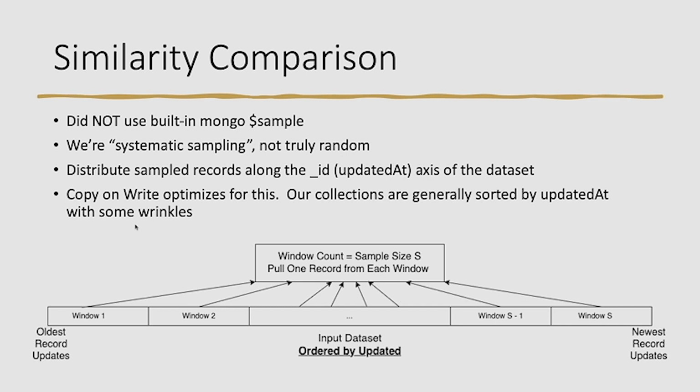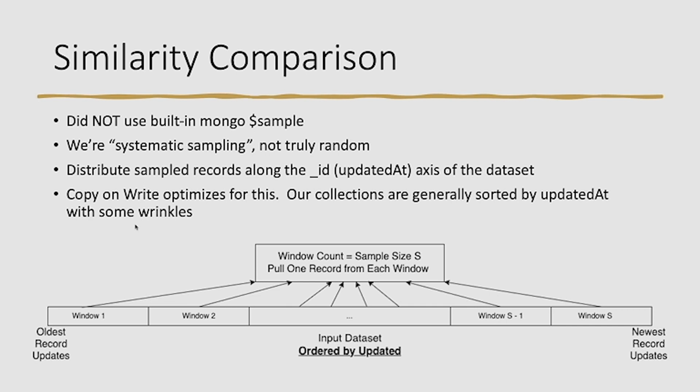So we calculate a sample size for an input data set based off of the data set size and some variables like margin of error, things like that. We skew it towards a high sample size. Then we split an input data set into S windows, where S is the sample size. And then we'll pull a record from each one of those windows in order to do sampling and comparison.